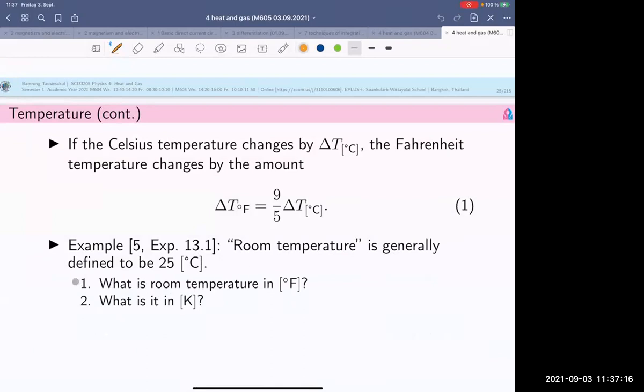Unlike the former one, which says 20 degrees Celsius as room temperature, a milder situation where we could live well is 25 degrees Celsius, and this could be possible if you turn on your air conditioner in Thailand. Find the room temperature in degrees Fahrenheit, and find the room temperature in Kelvin.